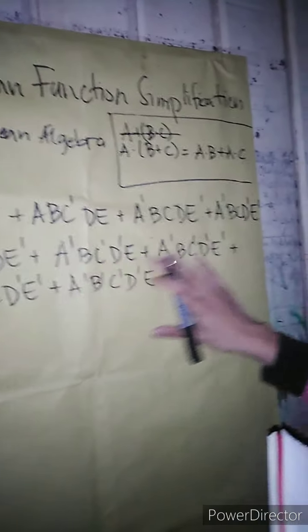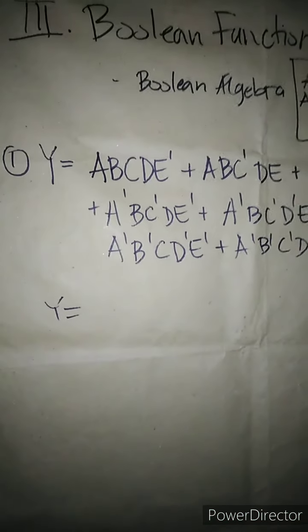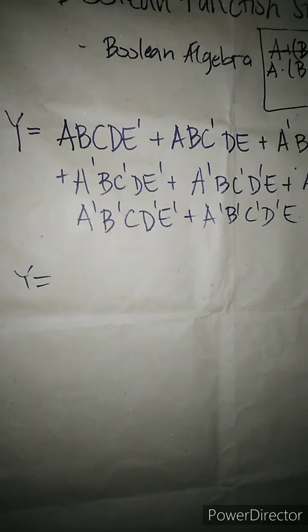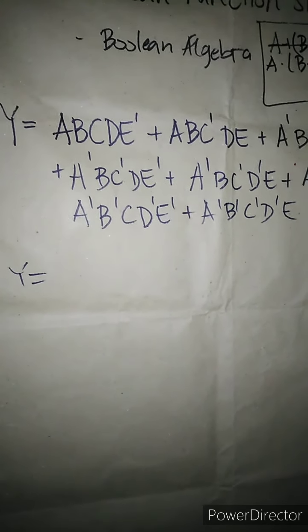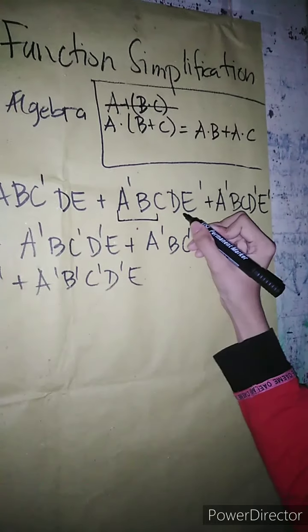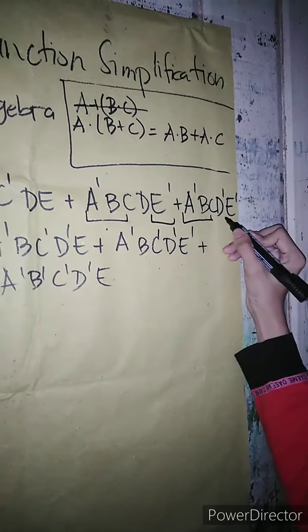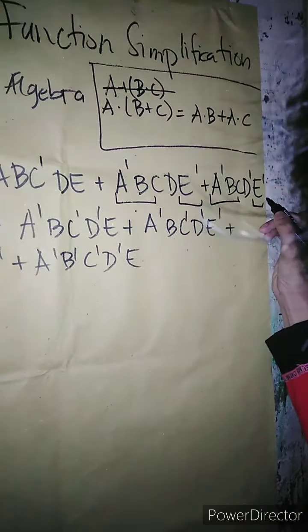Observing this, it will probably take you a long time, but the first thing that I've noticed is we have this one in common to 4 of our terms. We have this a prime b e prime, a prime b e prime.